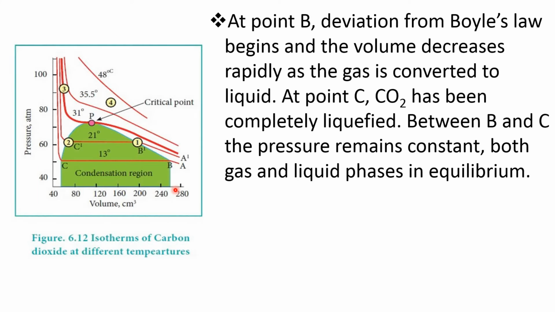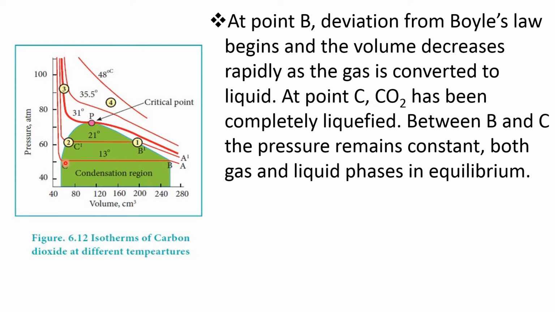Next, at this point B, the deviation from Boyle's law starts. And here you see from B to C, the pressure is almost constant, but the volume decreases rapidly. That means the gas is converted to liquid. From B to C, there is a sharp decrease in the volume and the pressure is almost the same, and it is converted to liquid.